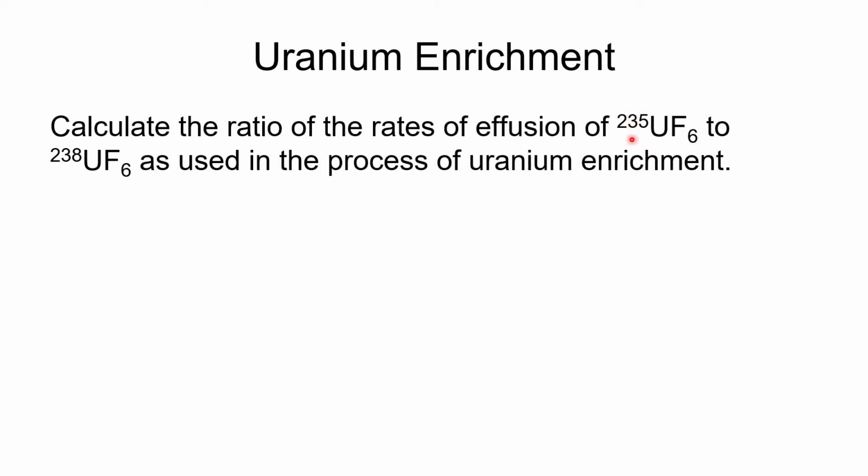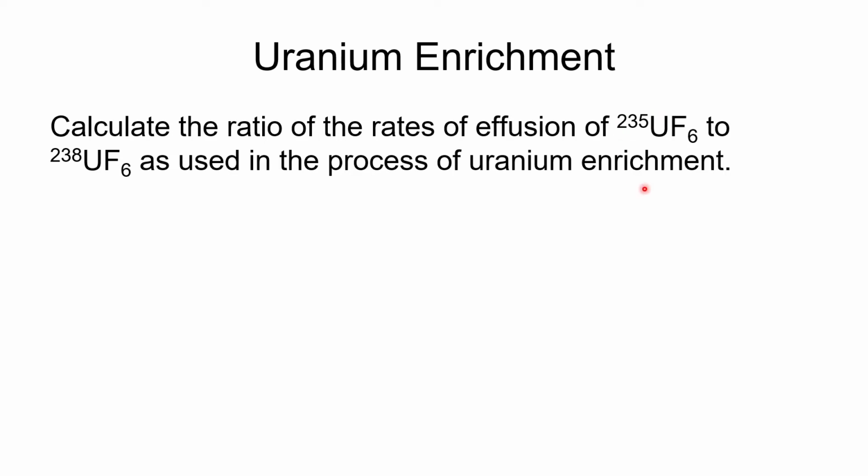Well, the problem is that chemically uranium-235 and uranium-238 are identical. There's essentially no difference in the chemical properties of those two isotopes. So what they do is they turn that into a gas. They'll make uranium hexafluoride for both of those, and they will do this thing of effusion.